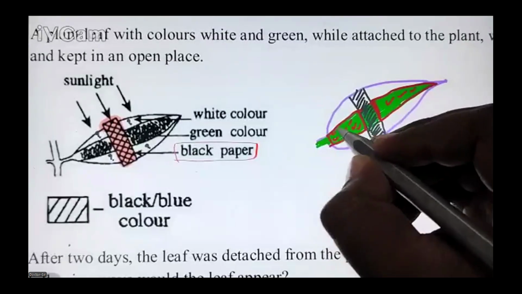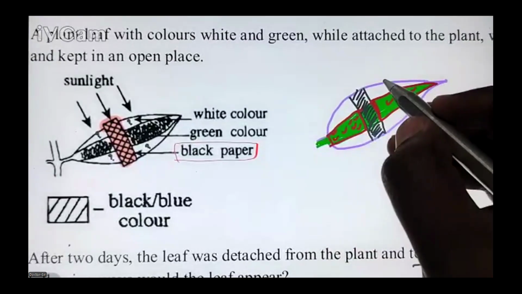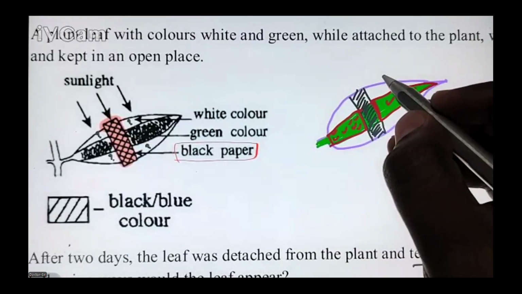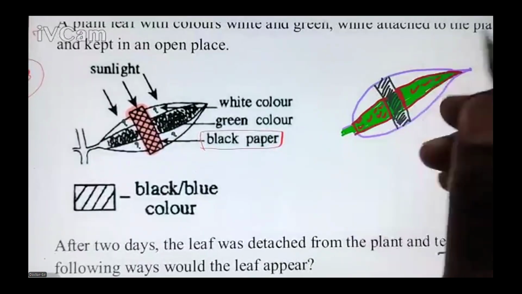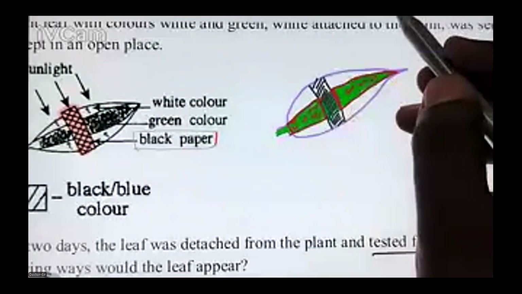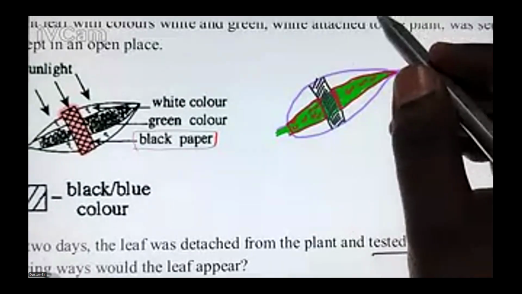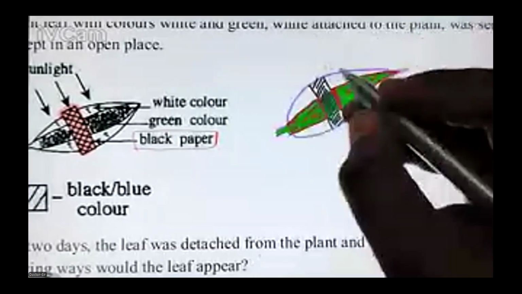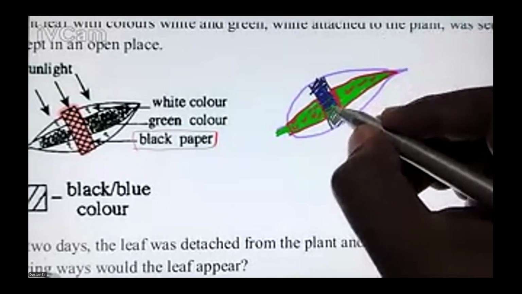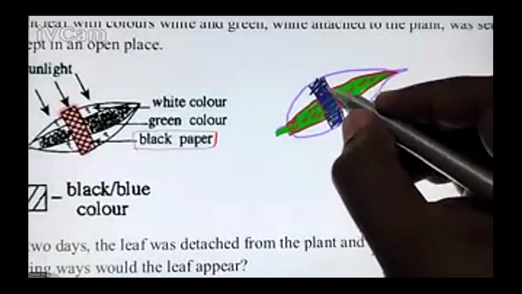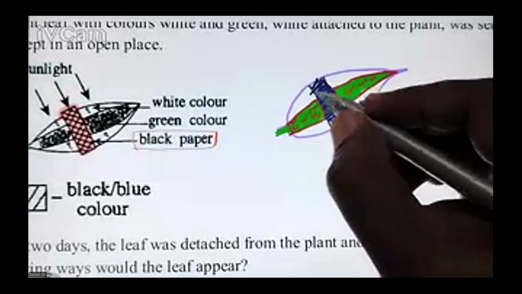Why? This white color area doesn't have chlorophyll, and this black covered area cannot properly get the sunlight. So all these covered areas do not undergo photosynthesis.